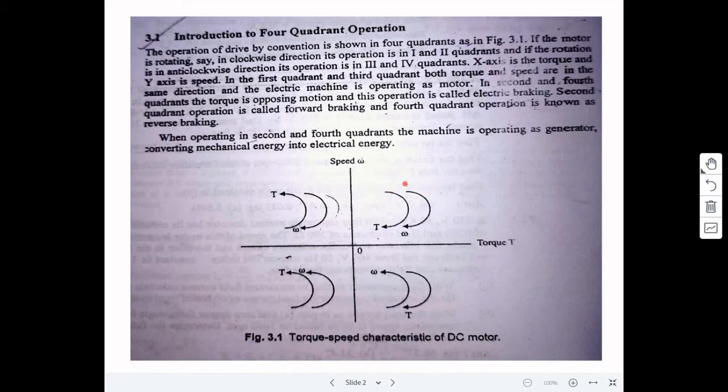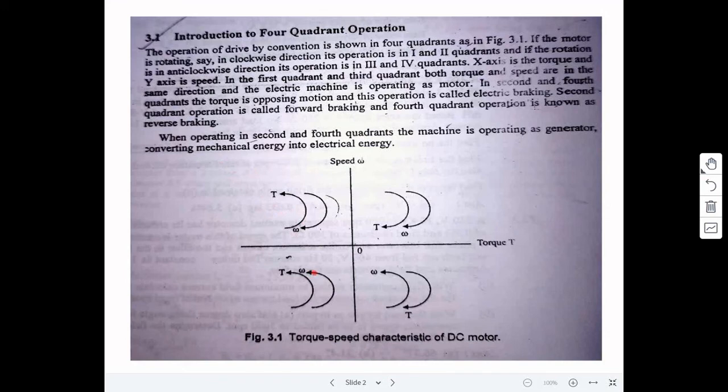Again both are in the same direction, which is why it is called forward motoring mode. Here speed is in the clockwise direction, obviously forward. Torque and speed are in opposite directions, which is why it operates in braking, so forward braking mode.